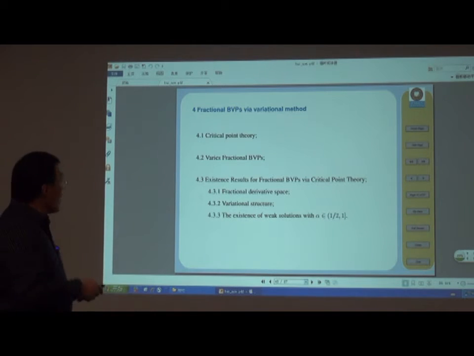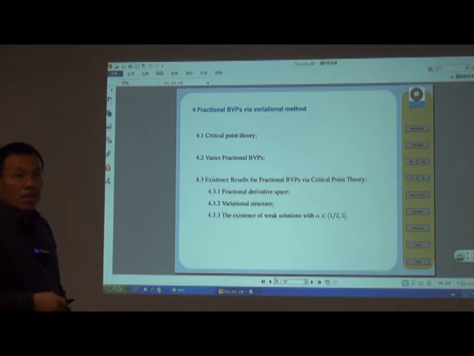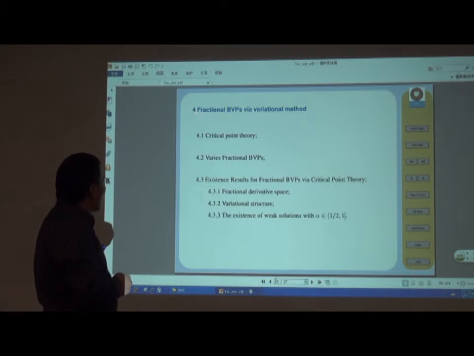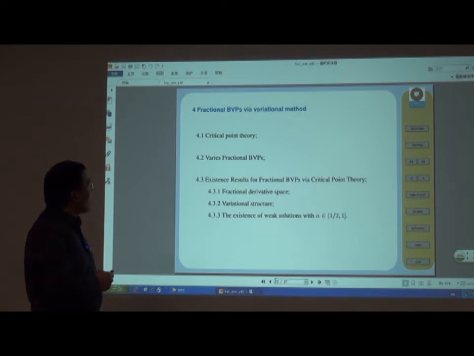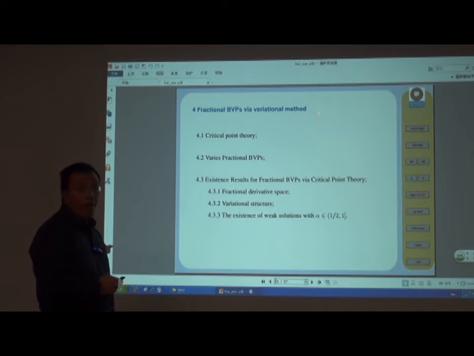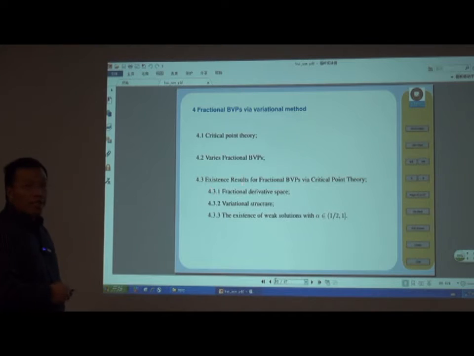Today we go on with the lecture under the fourth part, fractional boundary value problems via variational method. There are three subsections.